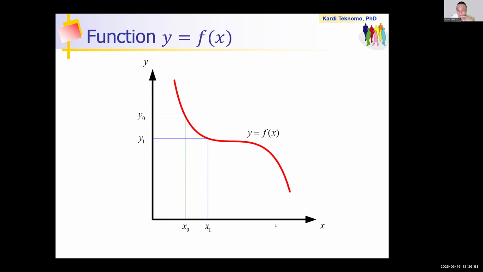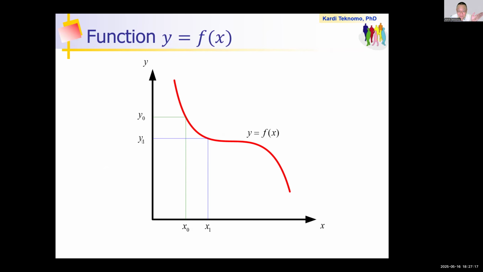So for example, this is the function. I just plot it, this is the price, this is the demand. Then you see two numbers. So x0, we get y0, and then x1, you get y1. When we say delta, that means the change from x0 to x1, then there is a change from y0 to y1.